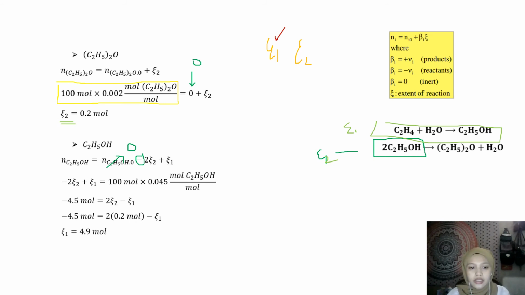When we calculate it, and insert the value of extent of reaction 2 we got previously into this equation, we get the value of extent of reaction 1 is 4.9 mole.